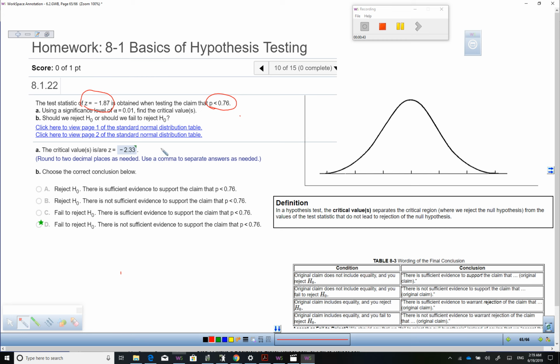Okay, so it says using a significance level of 0.01, find the critical value or values. So this is the definition of the critical value.